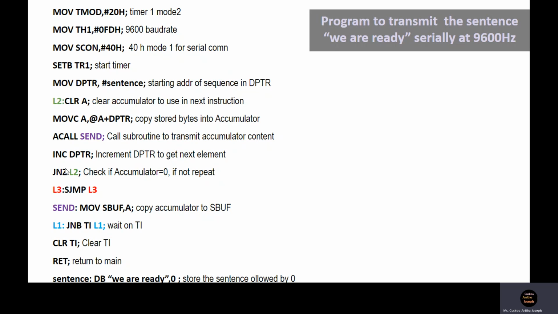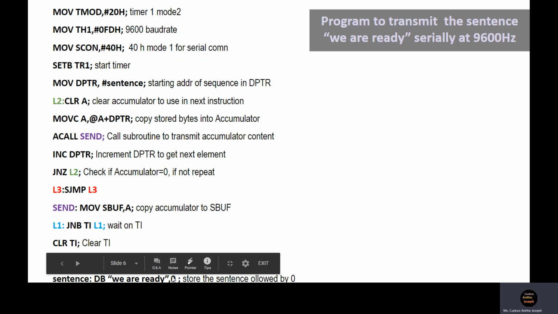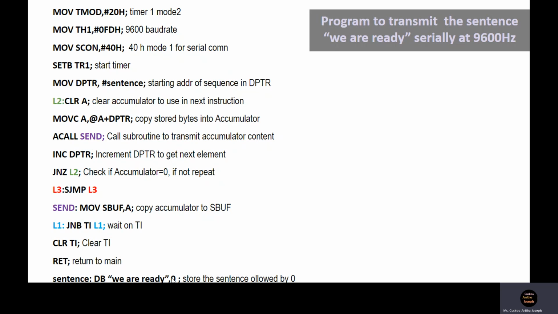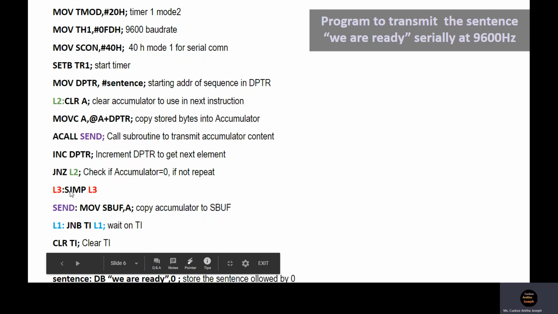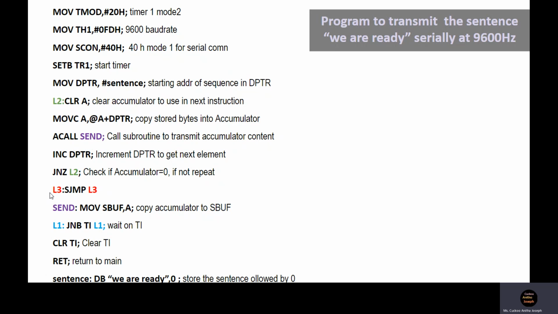Again, increment DPTR, check whether the content of the accumulator is 0 and repeat until we reach this 0. When the accumulator content becomes 0, it means that the entire sentence has been transmitted. Now we need not do anything else. So we will end our program in a never-ending loop, L3: SJMP L3.